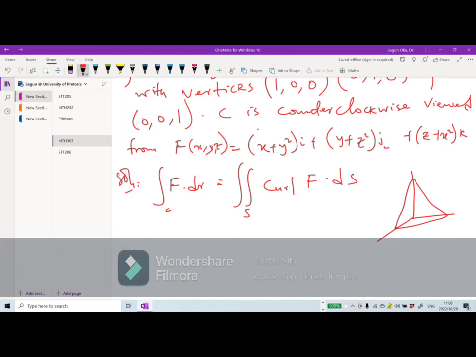Here is our z, here is our x, here is our y. At this point we all know it is 0, 0. This one we have 0, 1. Here we call this one D. Here we have 1, 0. So let's continue.